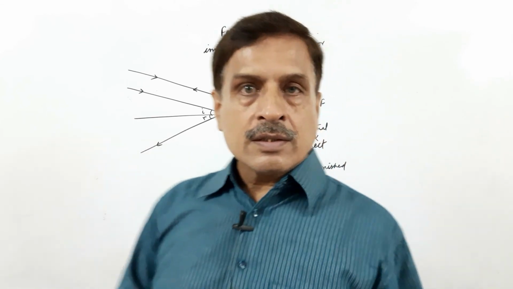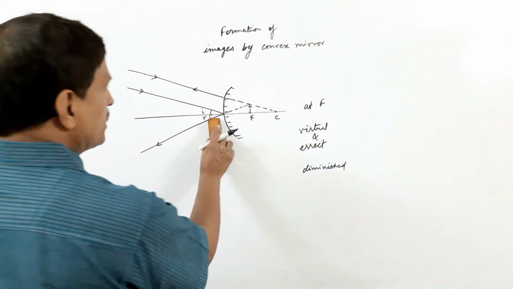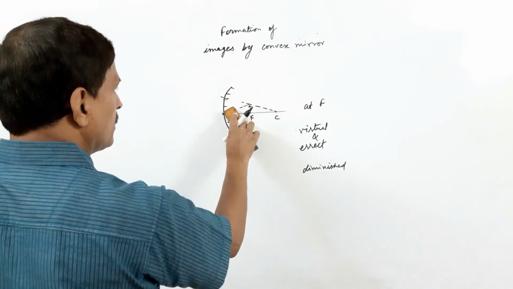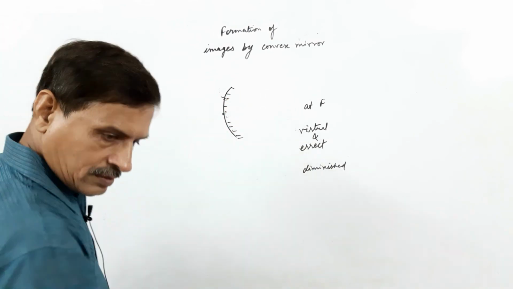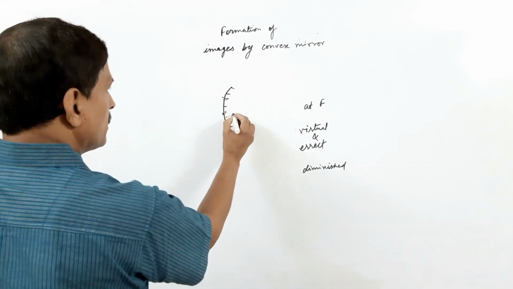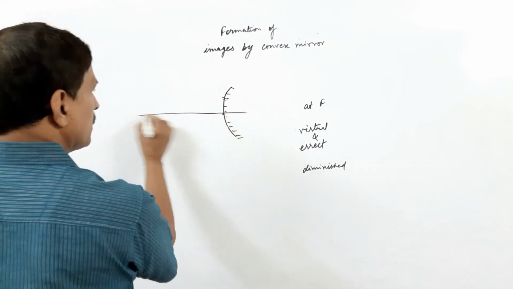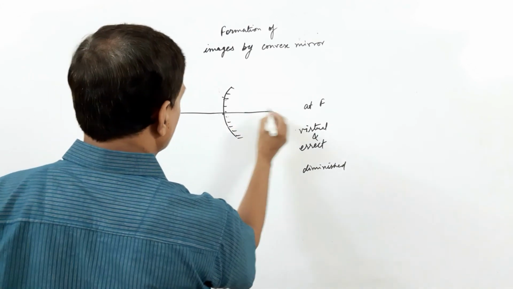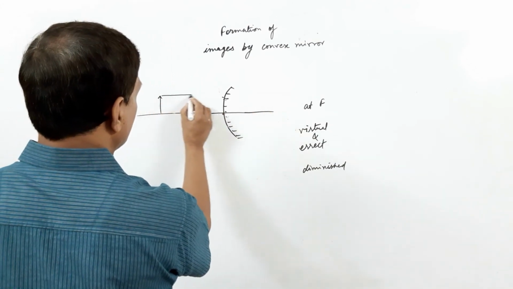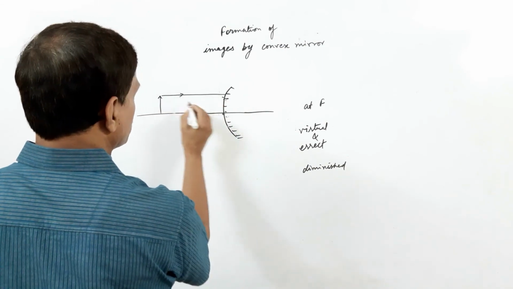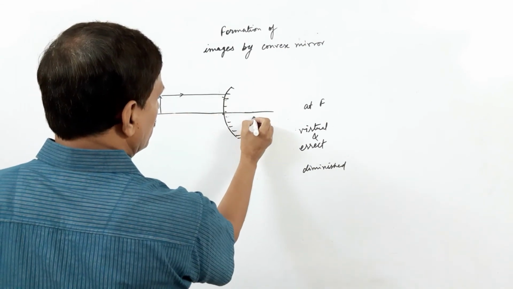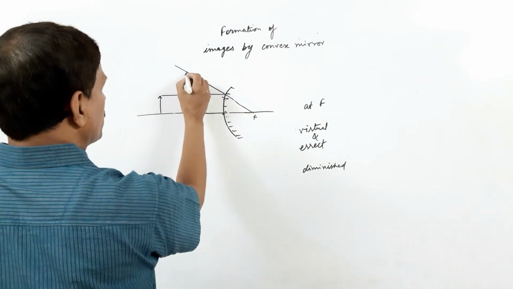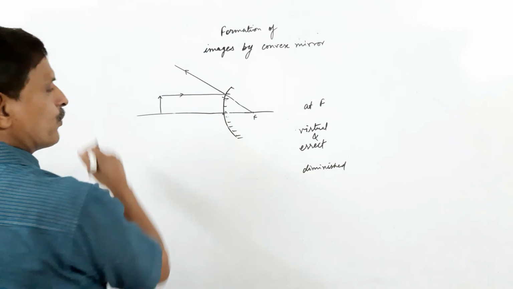Second case, if we take the object at a finite distance, a ray coming from this parallel to the principal axis after reflection appears to diverge or come from its focus.